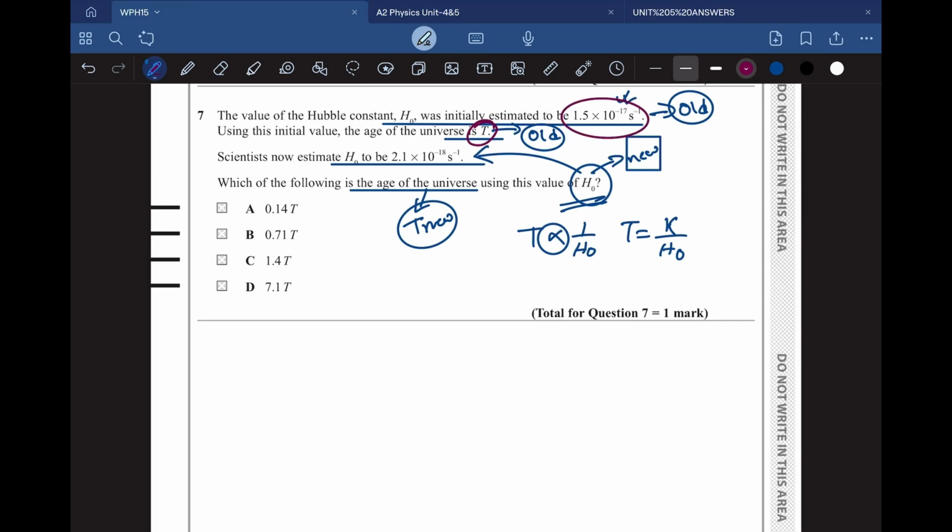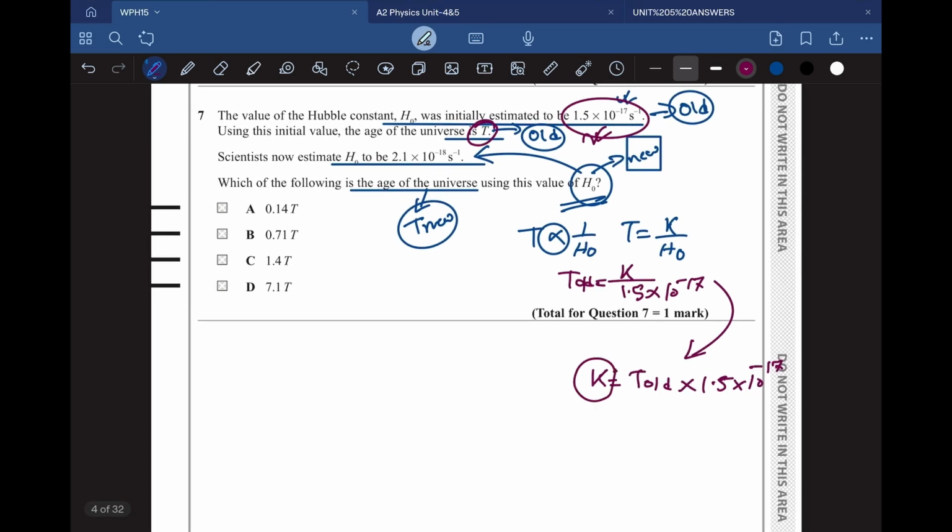So we can write T old is equal to K divided by H naught, which was 1.5 into 10 to the power minus 17, which can be written as K is equal to T old into 1.5 into 10 to the power minus 17. This is the value of the K that we have figured out.